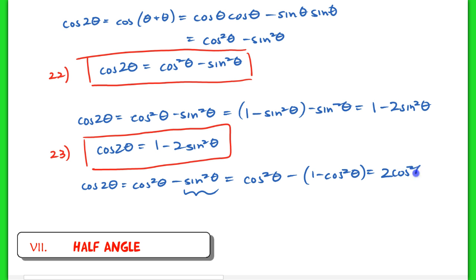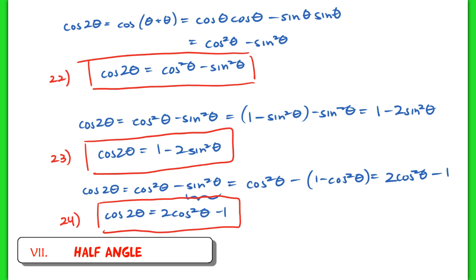So this is another unique identity. Well, it's really equivalent to our first identity here, just written in a different form, but we have cosine 2 theta is equal to 2 cosine squared theta minus 1. And that makes our 24th identity.